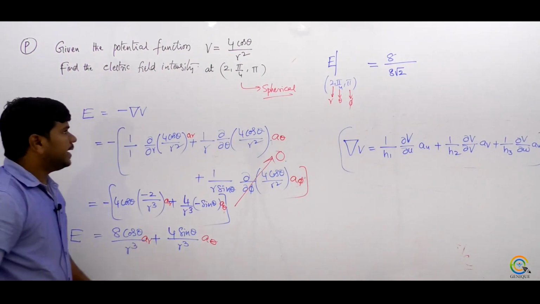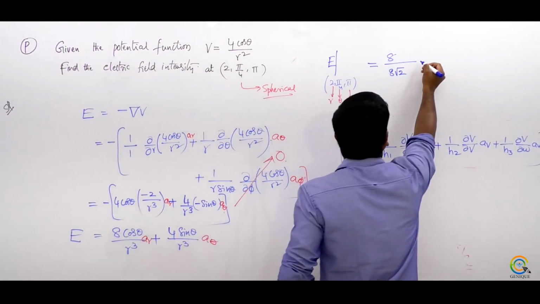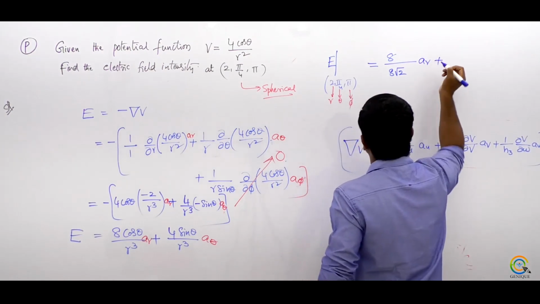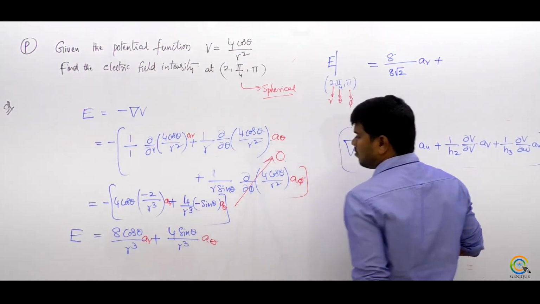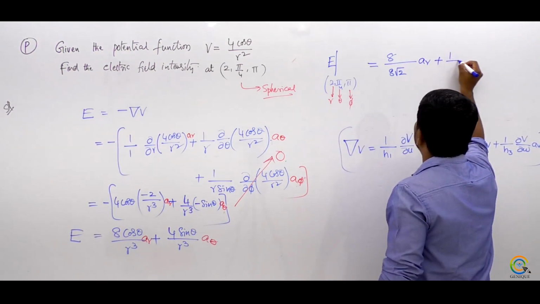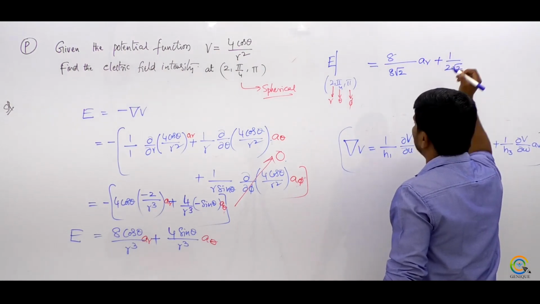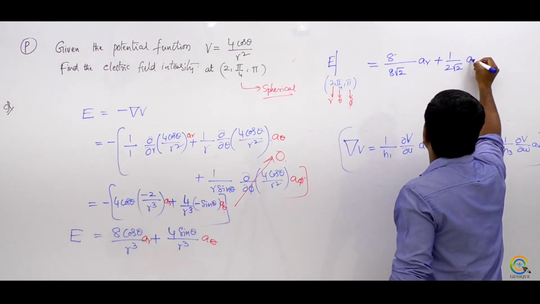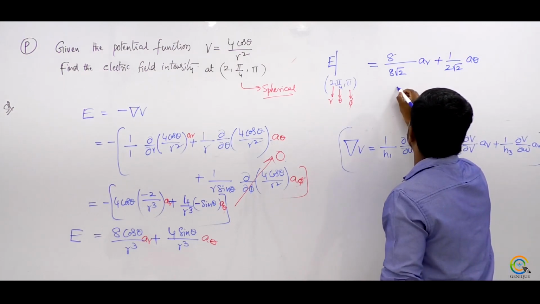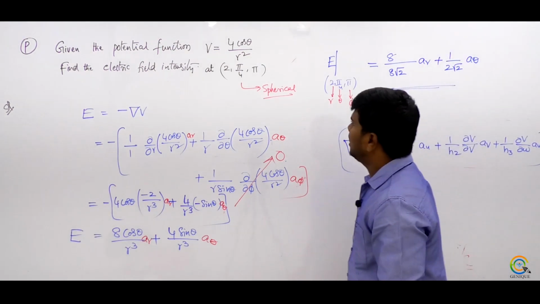So 8, it is a_R plus 4, which means 1 by 2 root 2 a_theta. So this is the electric field intensity at the given point.